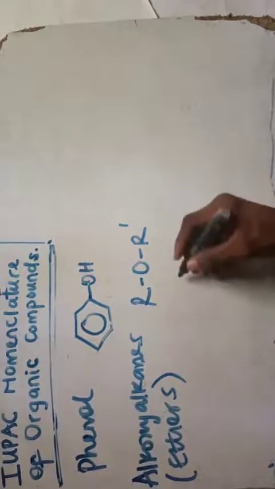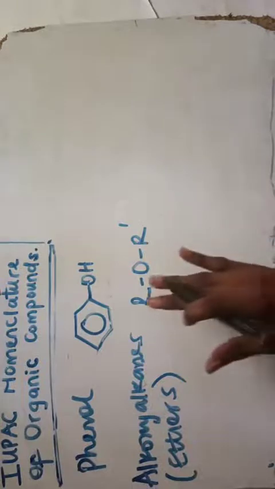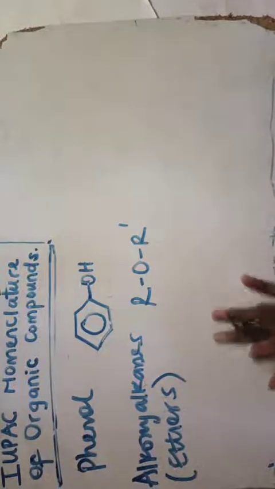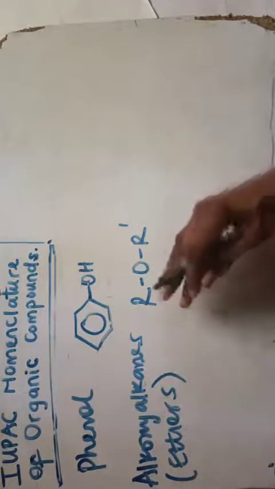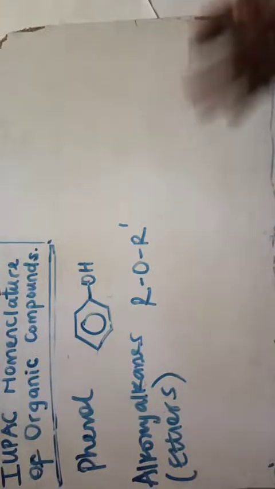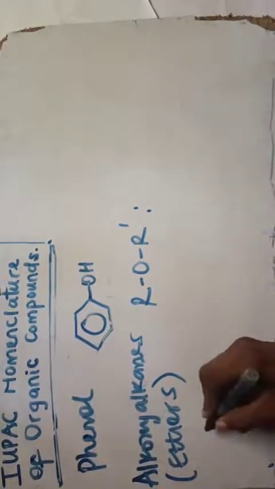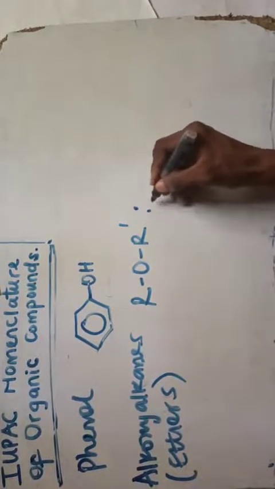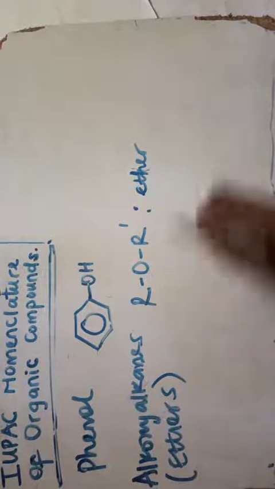Simply you can write like this. So the functional group here is ether. This is the ether linkage. The functional group is not alkane because it is alkoxy, so you can simply call it oxy. Alkoxy, but the functional group here is ether, or you call it alkoxyalkane. That is the whole functional group present.